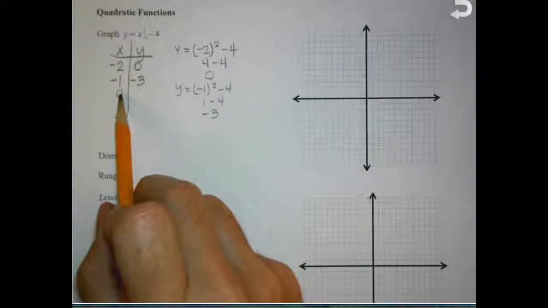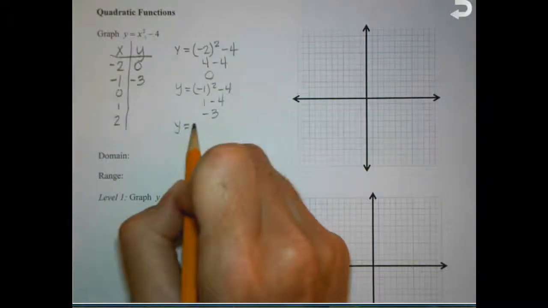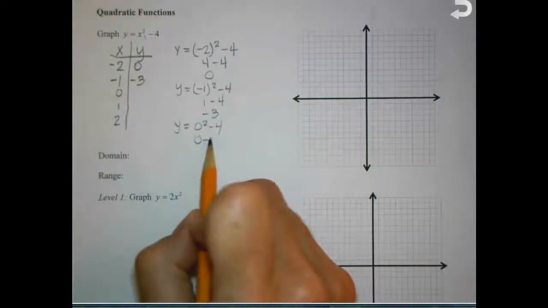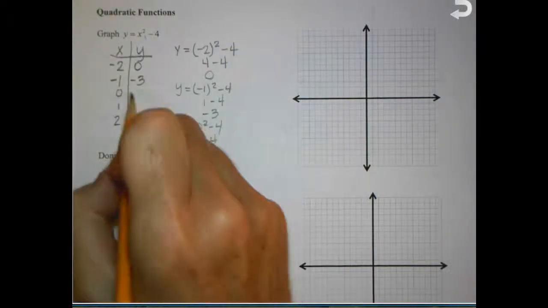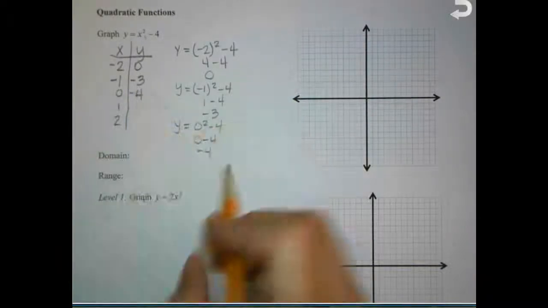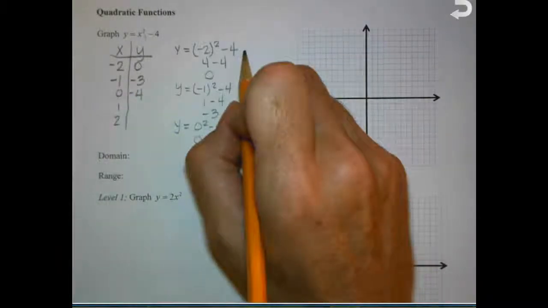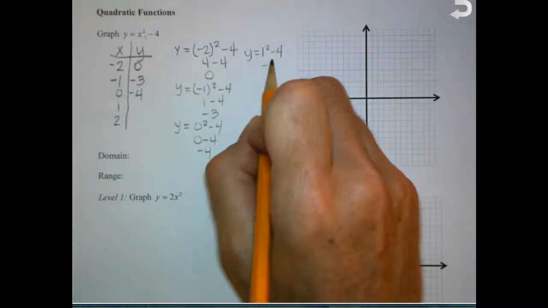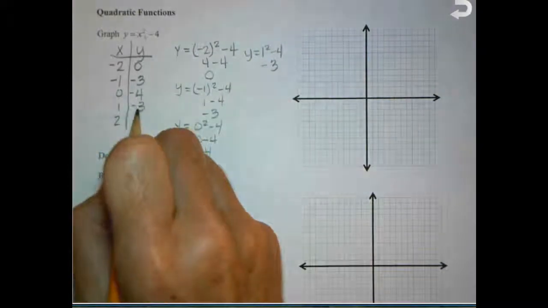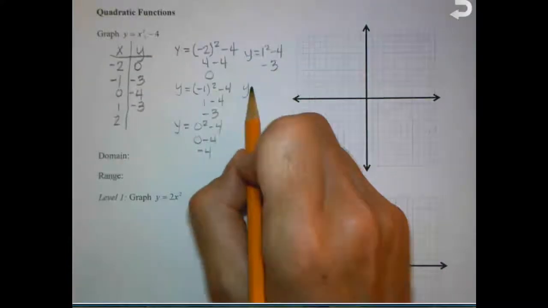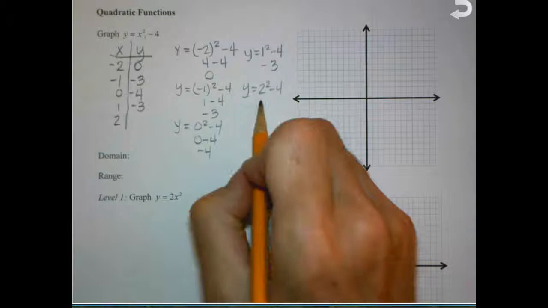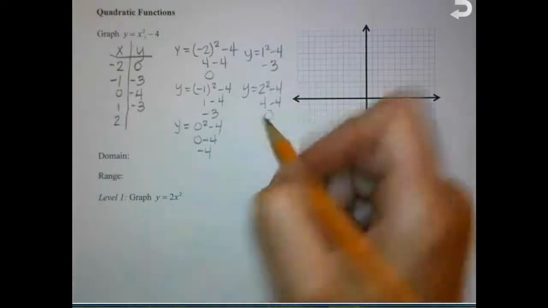When I put in 0, that'll be 0 minus 4, or negative 4. And if I put in a 1, it'll be 1 minus 4, or negative 3. And a 2. 2 squared will be 4, minus 4, that's going to give me a 0.